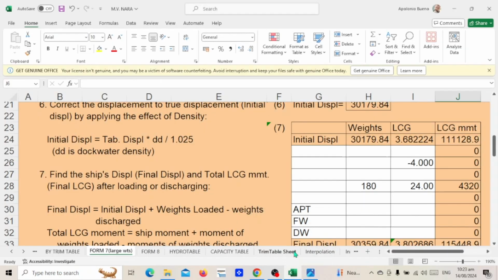So when you shift the same weight of 180, you take out this 180 here. I'm sorry, guys.